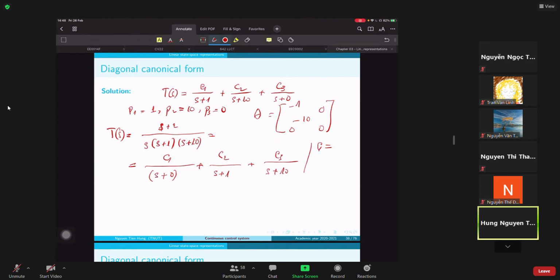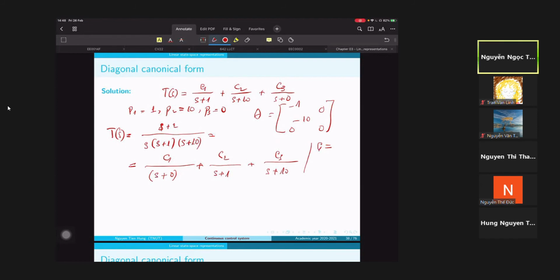In this case, you find that C1 equals 1/2 or 1/5. Okay, let me check the answer. 1/5, sir. Yes, C1, the first coefficient, is 1 over 5. Okay. And C2 is minus 1 over 9. Okay, good.